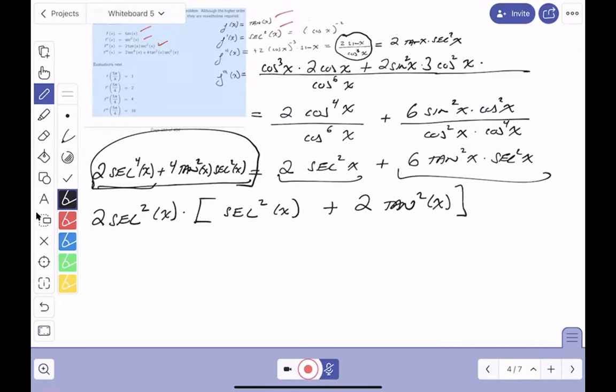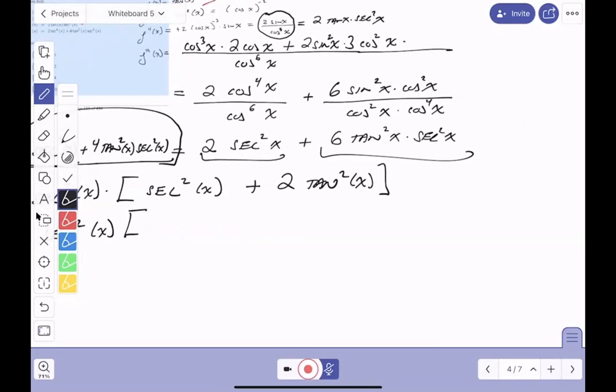All right. So far, so good. I'm still looking at it, wondering what to do now. So let's take a look at it. 2 secant squared x. But let me see if I can write something down. For example, I know some Pythagorean identities.